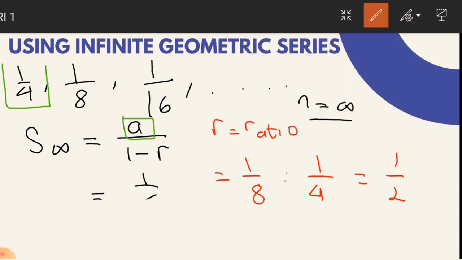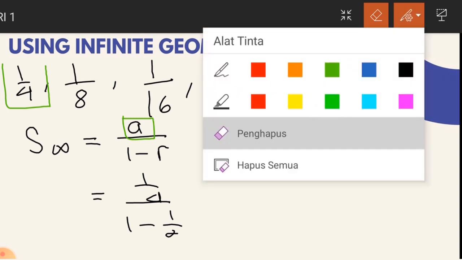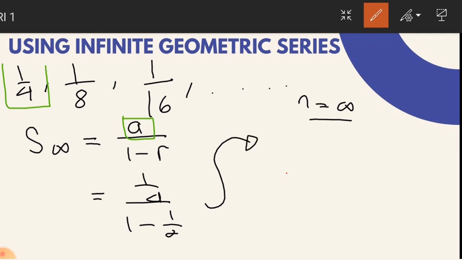So 1/4 over 1 minus 1/2. 1 minus a half equals a half. So 1/4 divided by a half, or 1/4 times 2, equals a half.